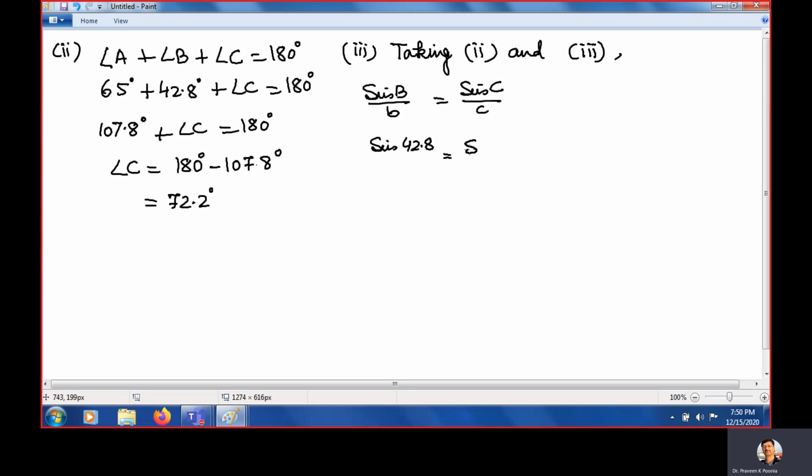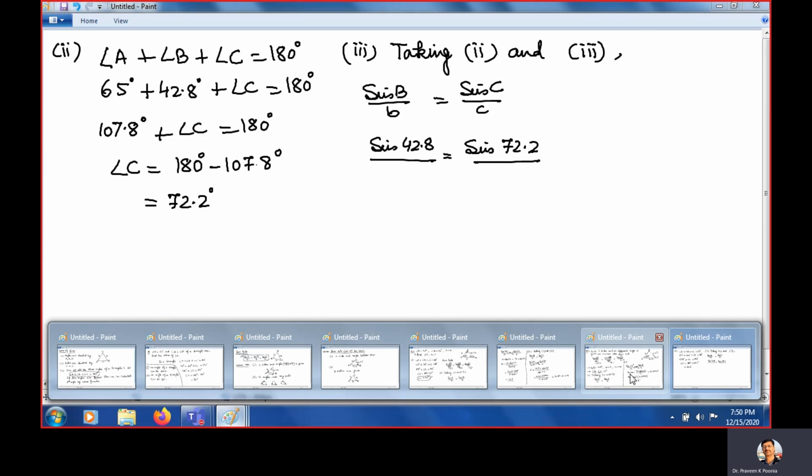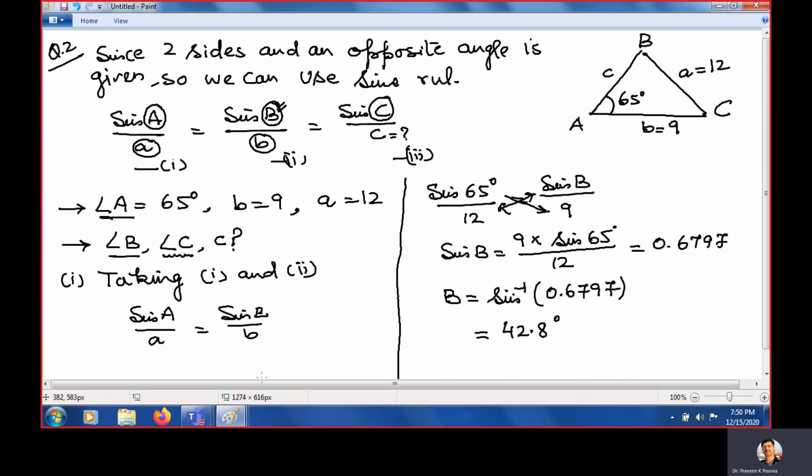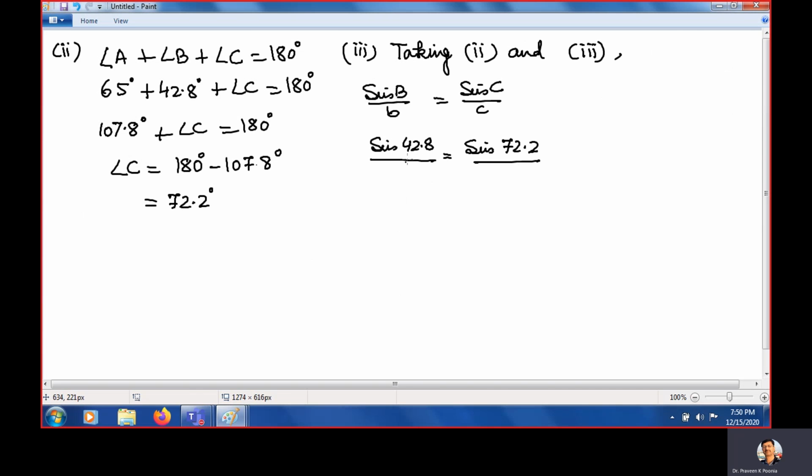What is the value of C? It is sine 72.2. Now, what is the value of side B? Side B is given. B is equal to 9. And we need to find the value of C. Now use cross multiplication, this and this.